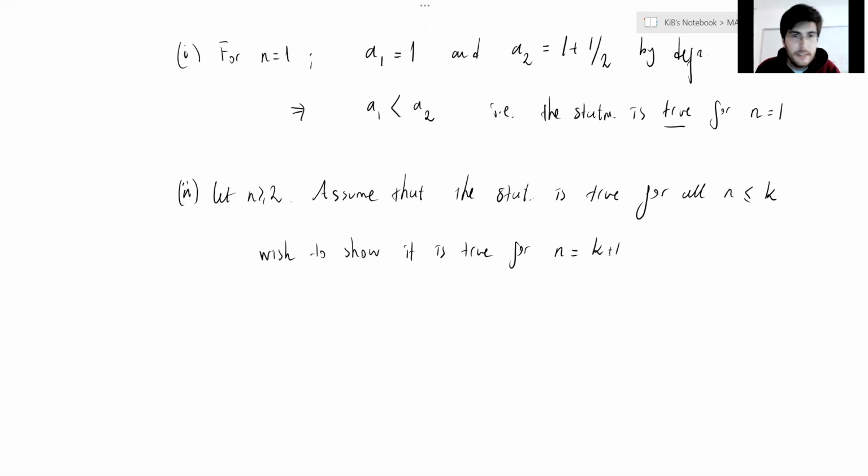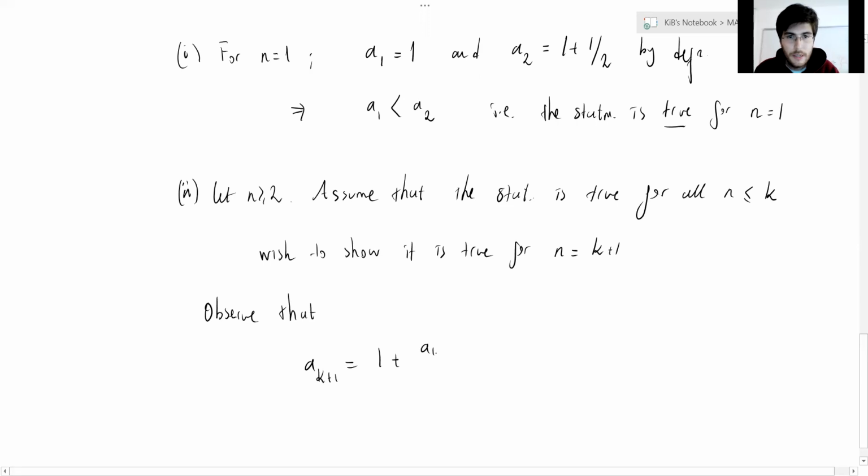Fine, so let's just observe the following. a_{k+1}, by definition, is 1 plus a_k divided by 2. This is by definition. But as before, the statement is already true for n equals k.